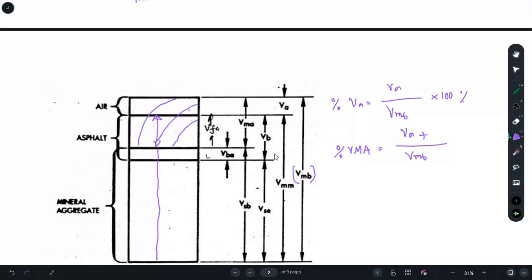So VMA actually includes void of air and void filled with asphalt.